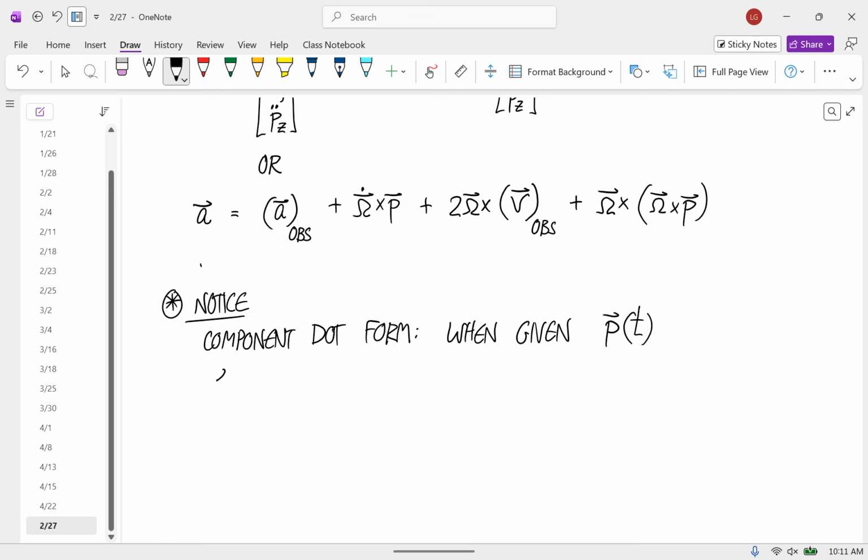So for example, if you're given that in a rotating coordinate system, P is equal to t squared, cosine of t, 5t.